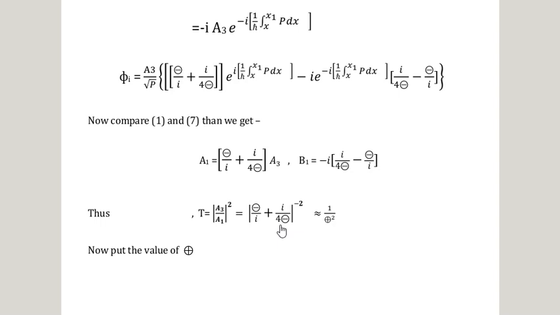Since theta is very small, because the turning points x is equal to x1 and x is equal to x2 are at a long distance, by applying the binomial theorem you will get approximately 1 upon theta square.